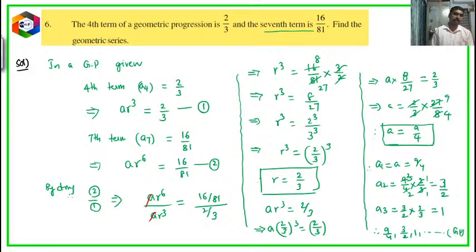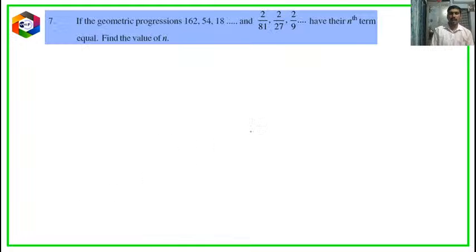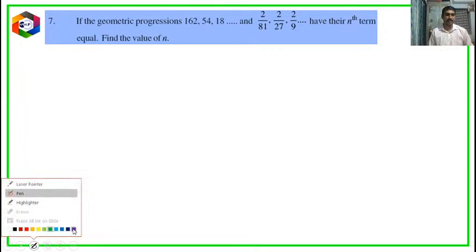Now we will move to the next question, and this is the last question of this particular chapter. This question also usually you will get for 4 marks from this exercise.